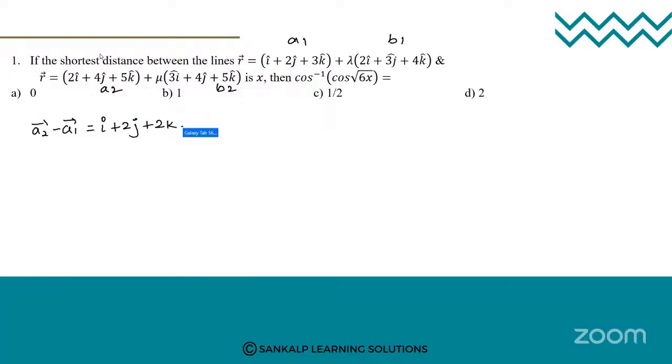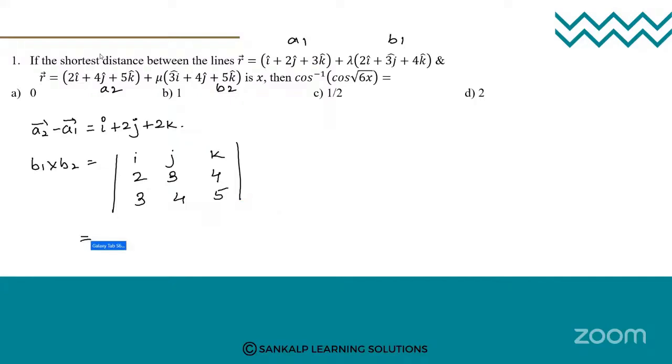Okay, next b1 cross b2, i j k. b1 is 2 3 4, b2 is 4 5. Okay, start solving. So this is 15 minus 16 minus i.